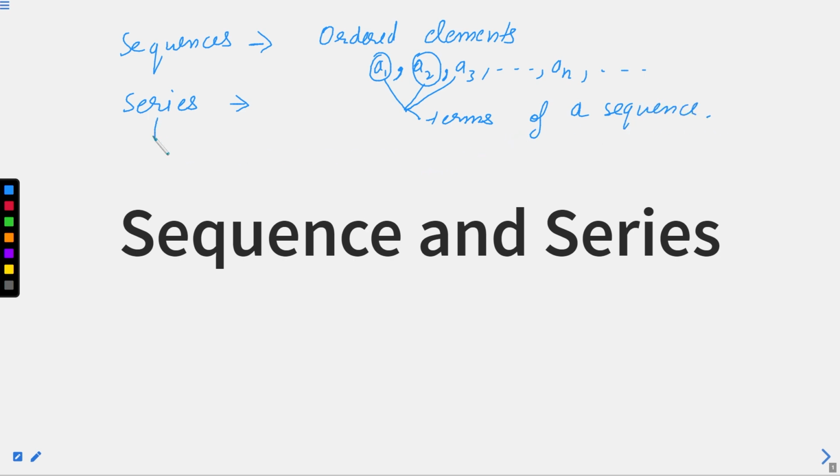Now for series, if we add all the terms in a given sequence, then we will get our series. So from this sequence, if I add all the terms a1, a2, a3, till n elements if the sequence is finite, this is a finite series.